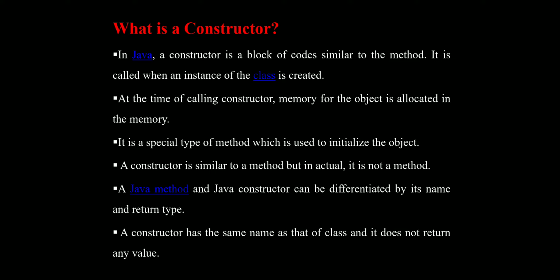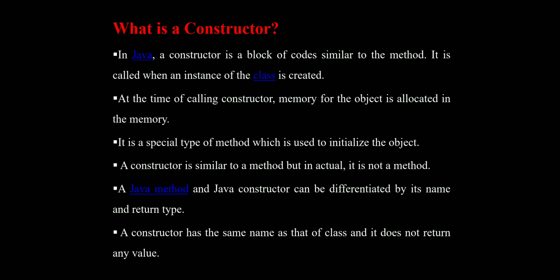It means a constructor is a block of code similar to a method. It is called when an instance of the class is created. At the time of calling a constructor, memory is created for the object. It is a special type of method which is used to initialize the object, similar to a method but not a method.